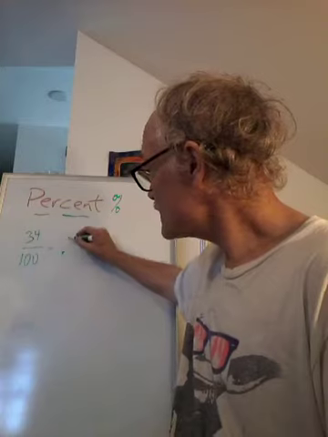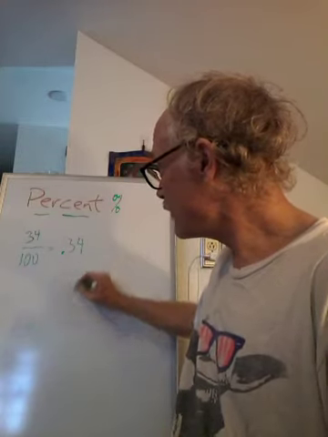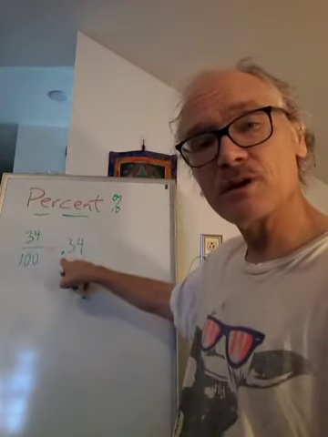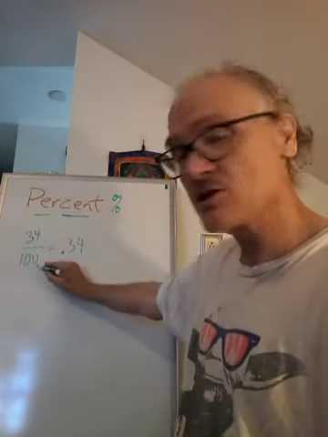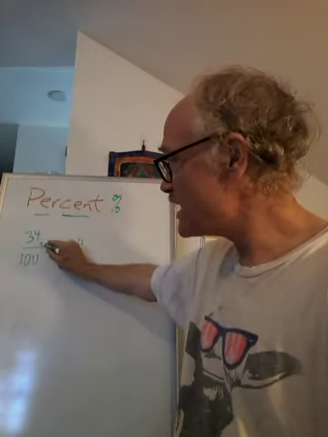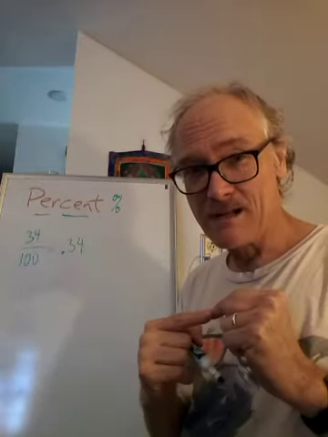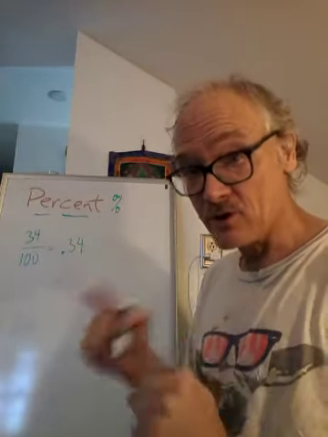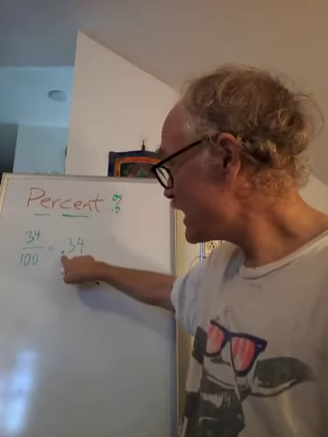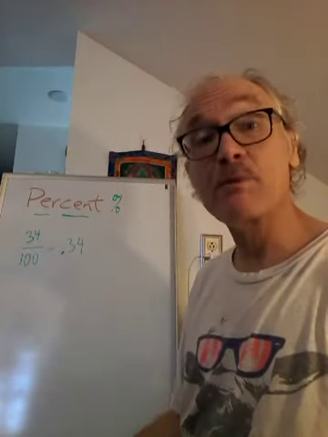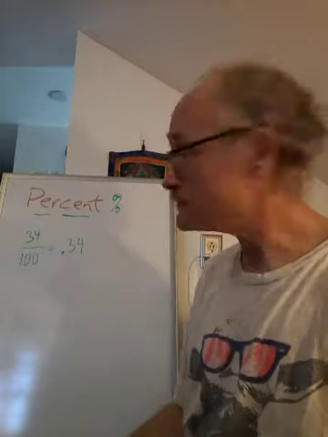We go 0.34. How did I know to put the point here and the 34? Because since this has two zeros, I take this number and I want to shrink it by a factor of 100. And that gives us the proper placement of the decimal.